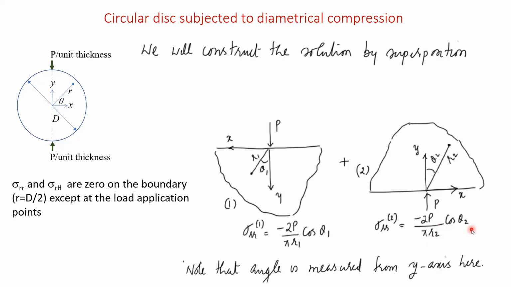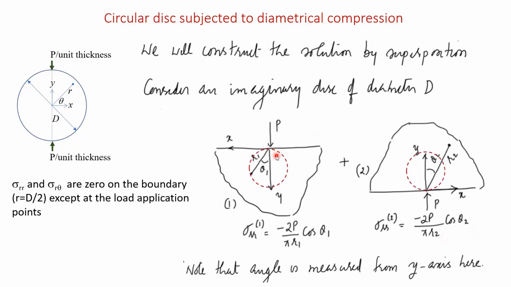What we will do is imagine a circular domain as shown here, with one point on the circle coinciding with the point of application of the load. At any point inside the circle, you have one stress field from this Flamant problem and another stress field from this Flamant problem. So if you add the two, you will get the total stress field inside the disk.